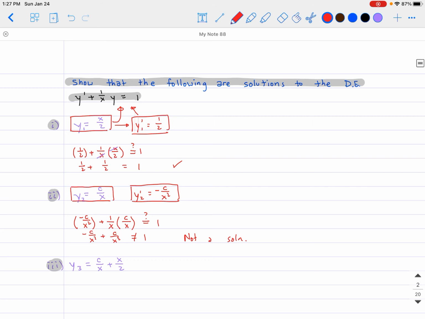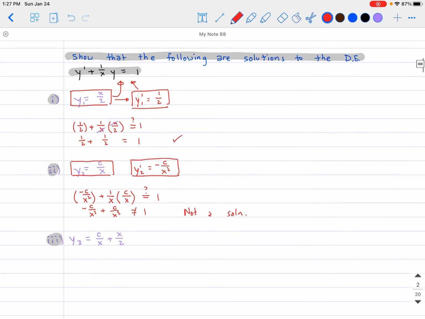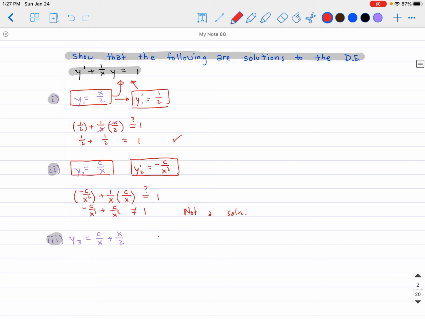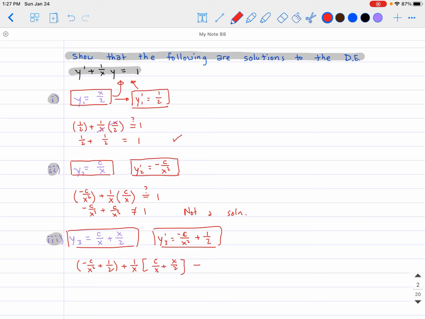And finally, for y sub 3, you get to do exactly the same thing, but you get the idea of what's happening over here. So let's just finish it off. y prime of 3 is equal to negative c divided by x squared, and then we also have plus 1/2. I'm going to take these two and plug them into the differential equation given to us. So that's negative c over x squared plus 1/2, and then plus 1 over x multiplied by my original equation, c over x plus x over 2.